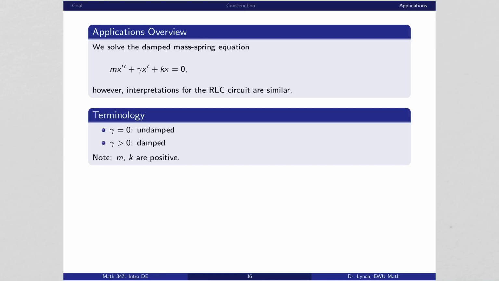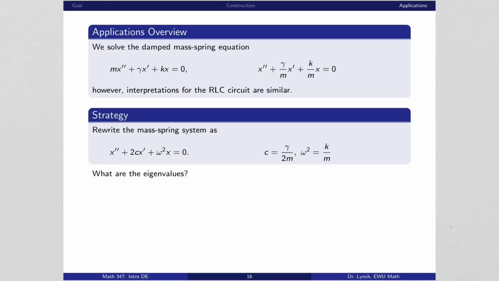Okay, so to have a look at this differential equation, we'll start by manipulating it just a little bit, dividing through by a factor of m to rewrite the differential equation in what you might refer to as second order linear normal form. The coefficient of x double prime is 1.